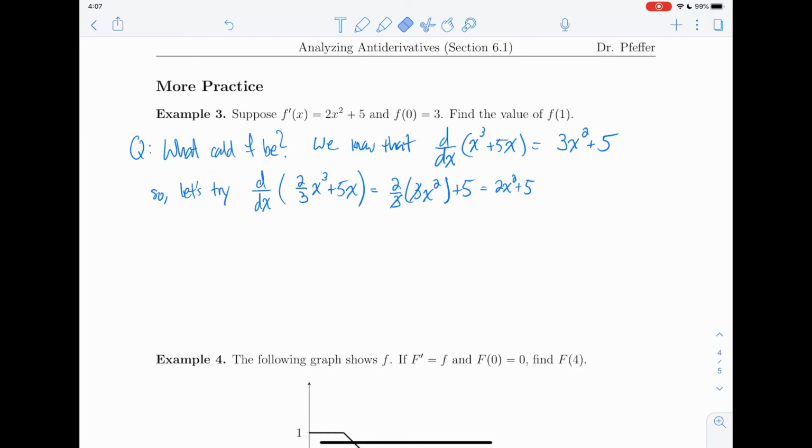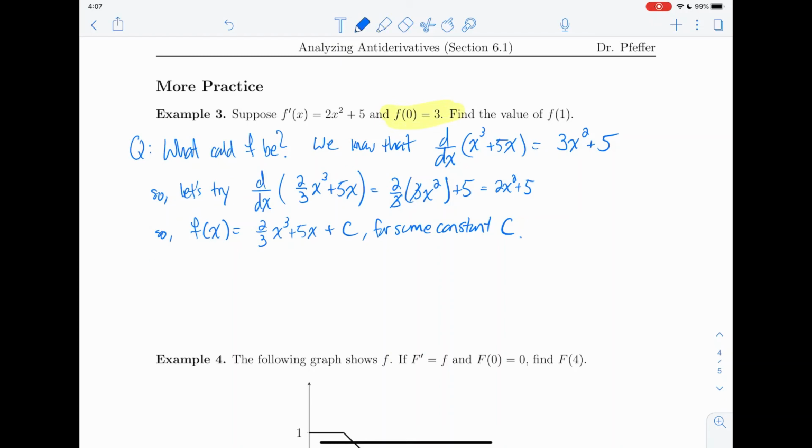So what that means is that f of x is going to be equal to 2/3 x cubed plus 5x plus magic c for some constant c. We have to determine what that c value is, but it's of course aided by the initial condition.